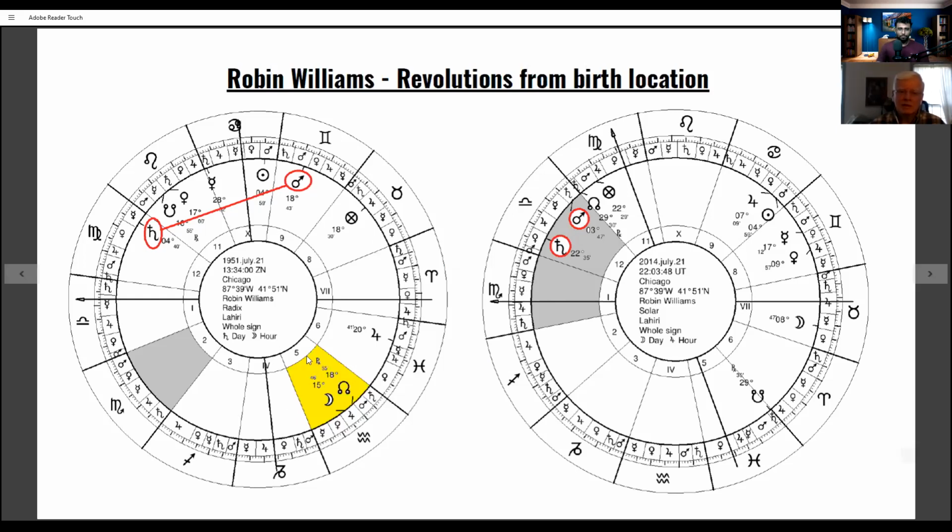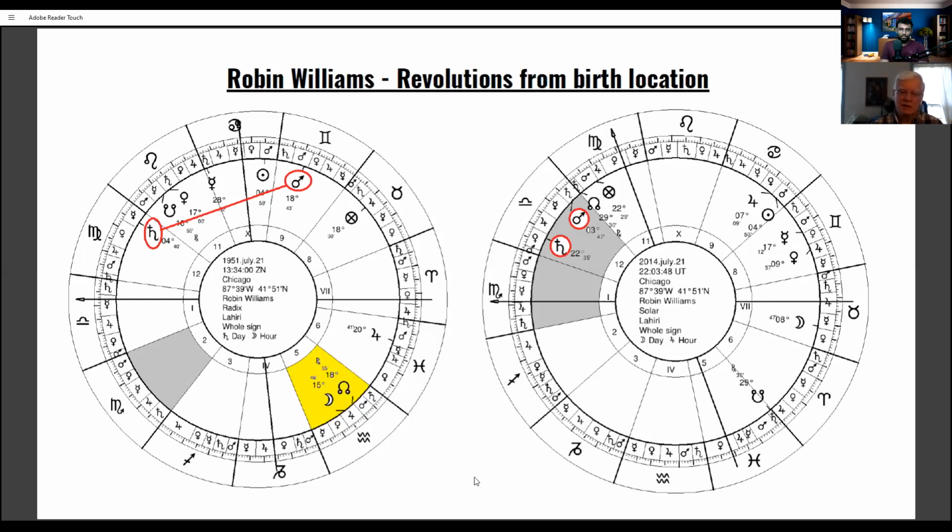This reminds me of something Marinus said: a thing to look for in solar returns is a repeat of an aspect or a connection between two planets from the birth chart. Pointing out, at birth you have Mars square Saturn. And then in the solar return, they're both in the same sign.